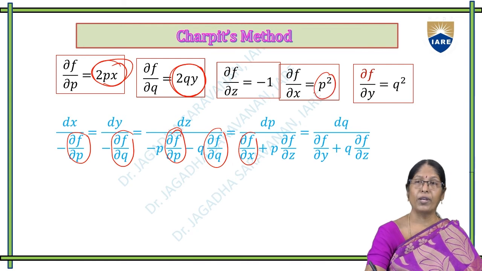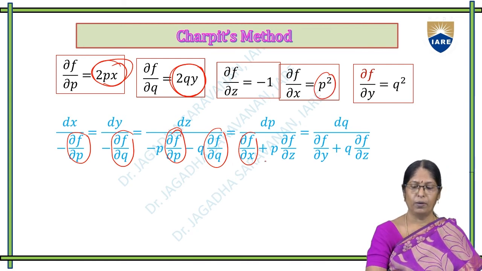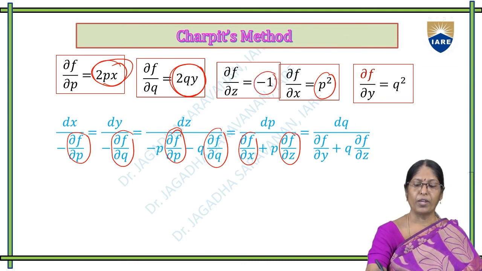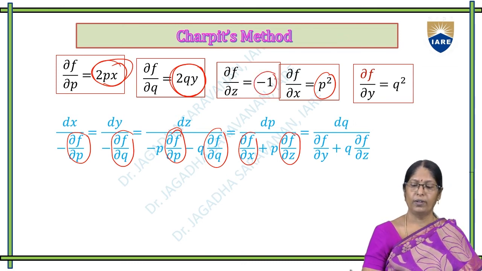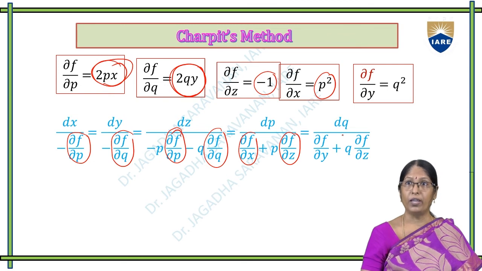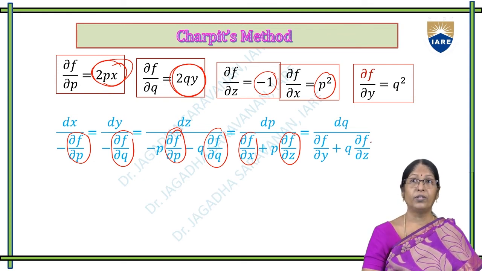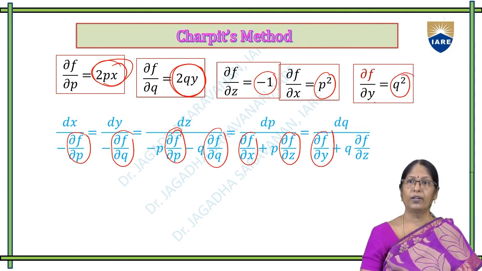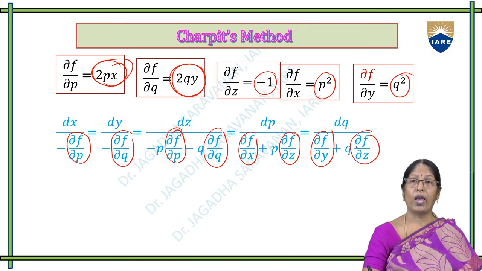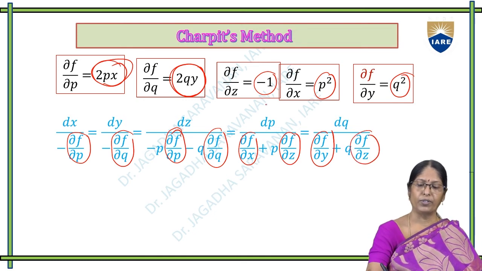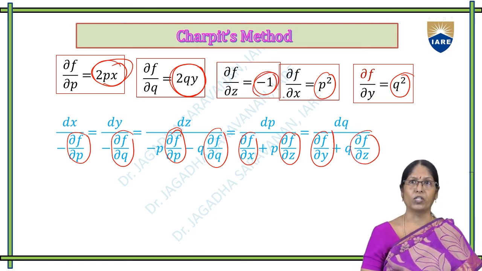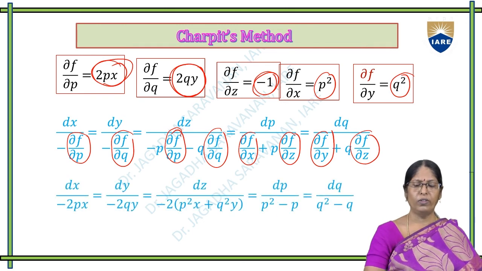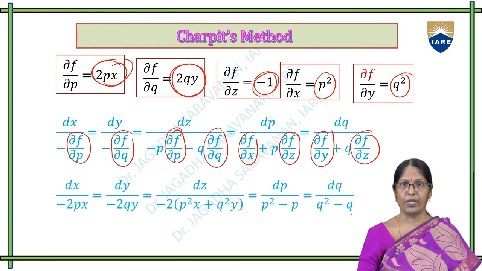We replace p square plus p dou f by dou z, we replace minus 1. The last member dq divided by dou f by dou y, that is q square plus q dou f by dou z, which is replaced by minus 1. So all the values we substituted.